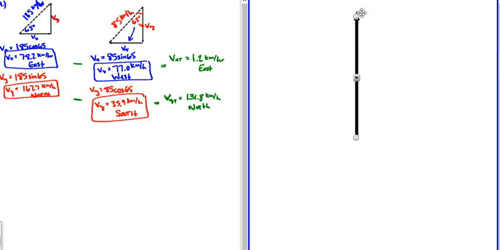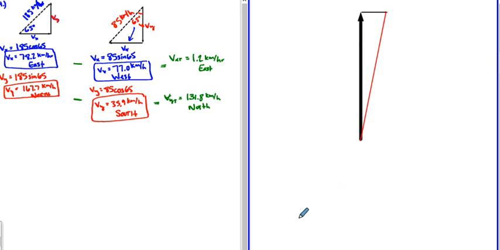And we also have 1.2. Of course, it's tiny. 1.2 kilometers per hour towards the east. And the resultant is this red line, and that's what we're searching for. That is the payoff.